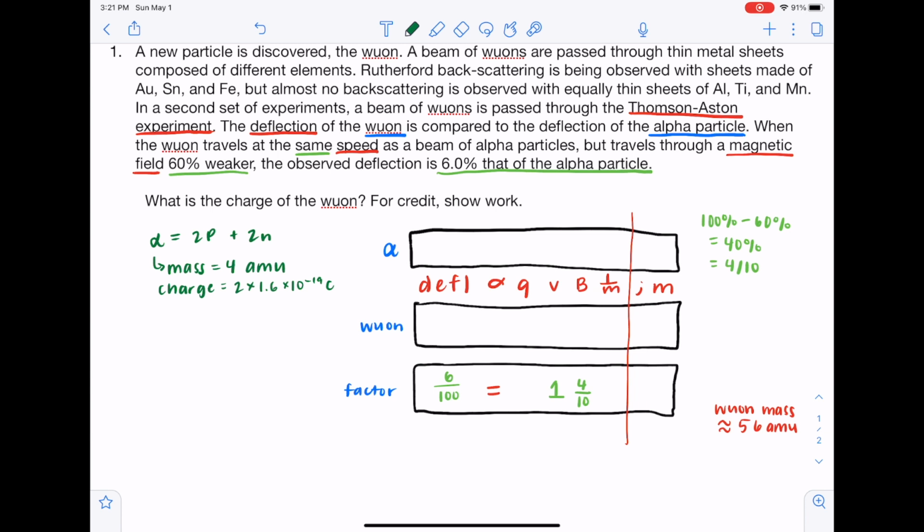So that means the overall charge will be 3.2 times 10 to the negative 19 coulombs. So next you'll want to put that charge information into the table, and then also the mass information. Then from our discussion earlier about Rutherford, remember that we determined that the muon mass is approximately 56 AMU. So you can write in that information as well.